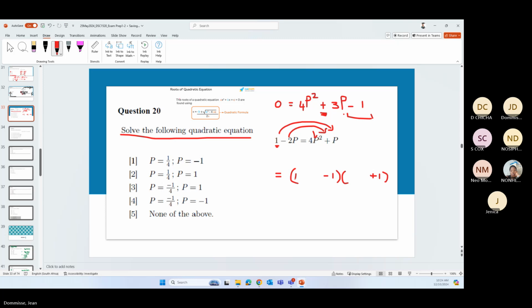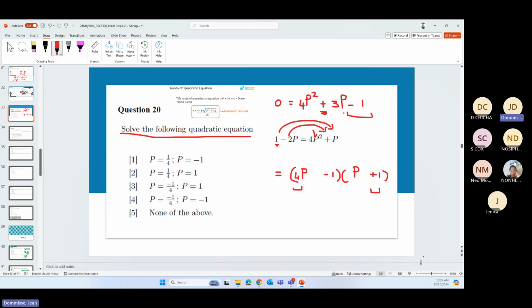So how I learned it is that 4p will go with your positive. So when I multiply that out, it will be positive 4p times positive 1, which will then give us that positive. So, but if you could not see this with a factorization, don't worry.